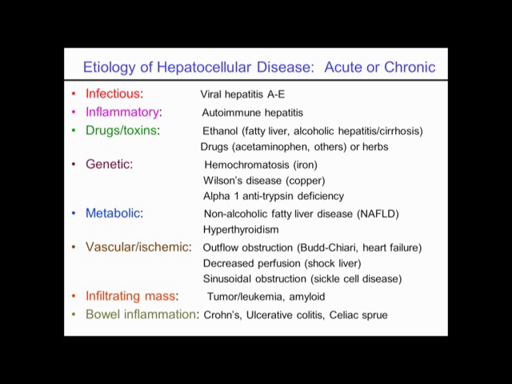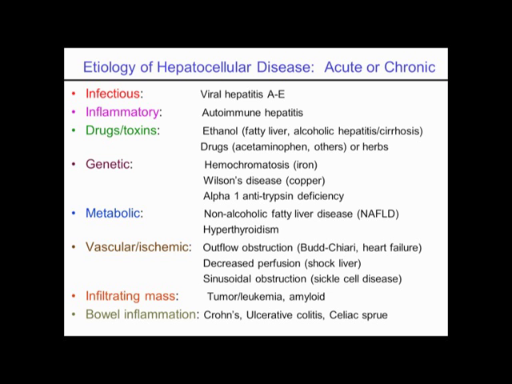You then have vascular. Every organ is vascularized. There's got to be something that can go wrong with the blood vessels. We talked about outflow obstruction or heart failure causing congestion in the liver, which can lead to damage. Decreased perfusion with shock liver, that's an acute process, actually hyperacute. If you block the sinusoids in the liver, the areas right around them can get ischemic. So you can get a patchy ischemia.